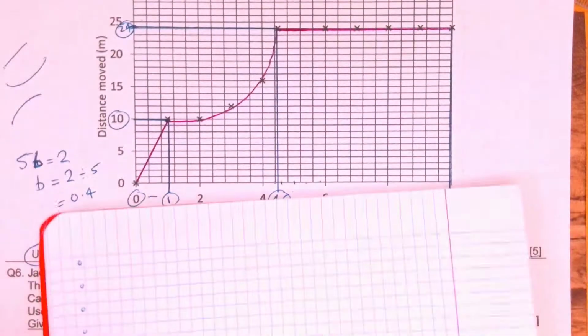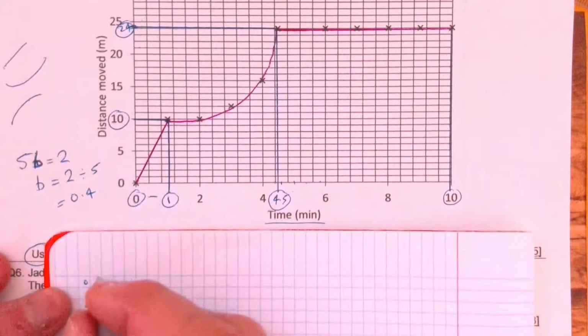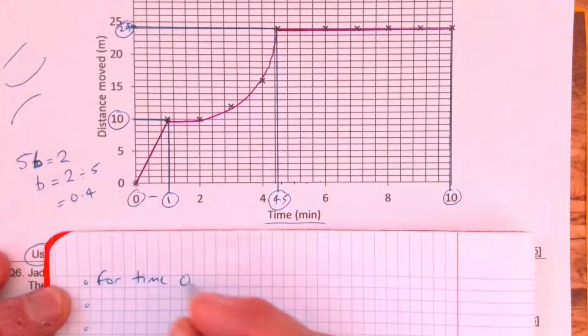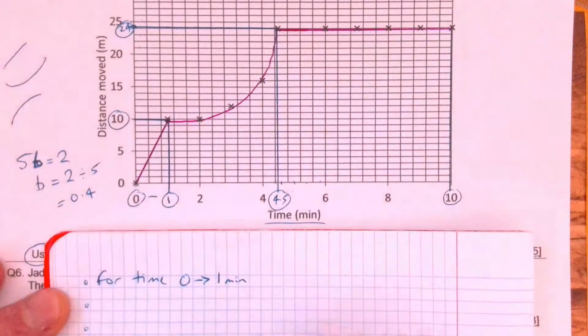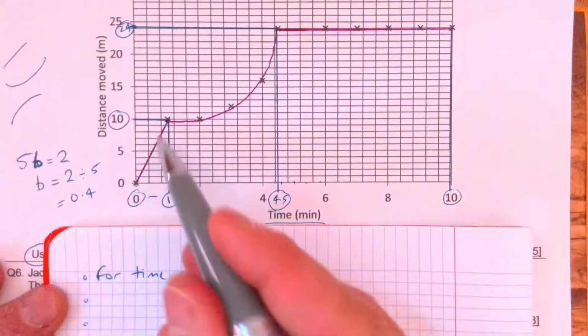So the first one would be for time 0 to 1 minute. Okay, so I'm only worrying about this first little section here.